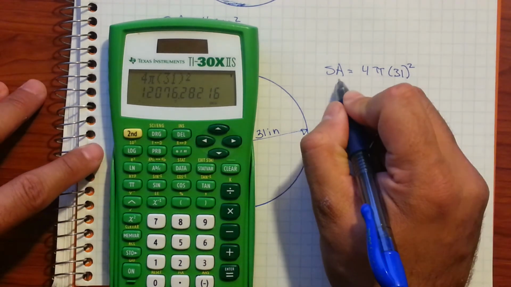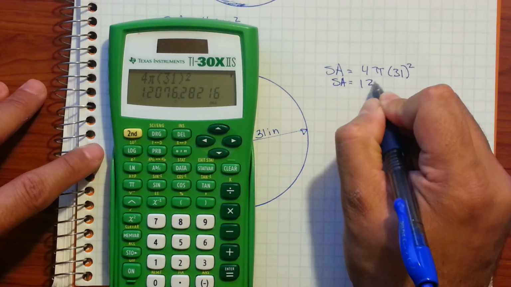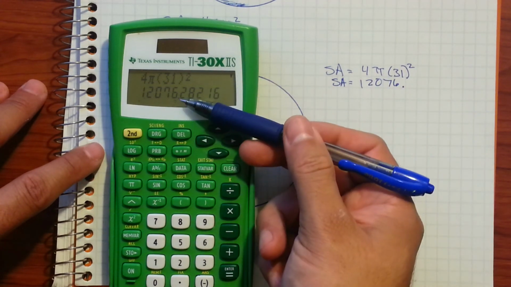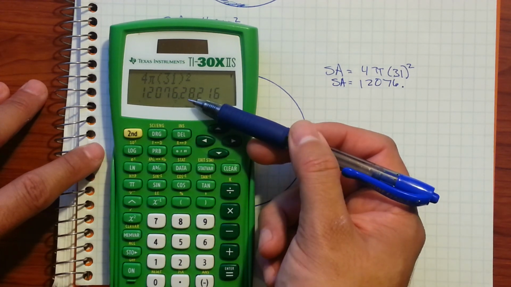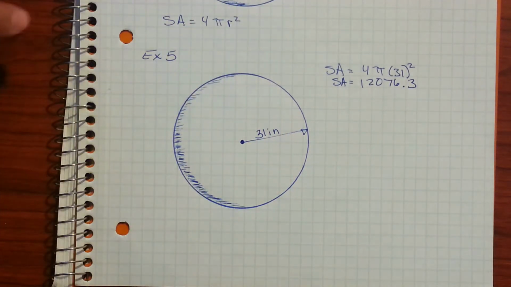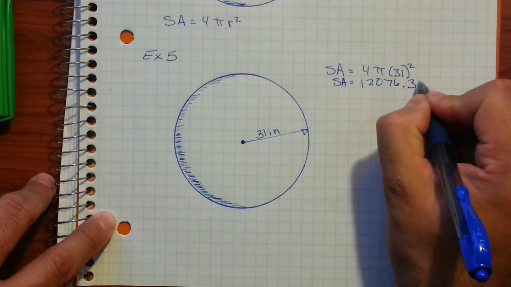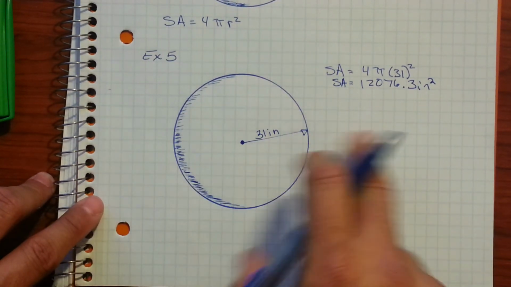So I should get my surface area is equal to 12076 point, and looking right here, I'm looking at the 2, the 8 makes the 2 round up, so this is going to be 0.3. Now let's take a look at my units. My units are in inches, so that's going to be inches squared because it is area, surface area. Area is always square.